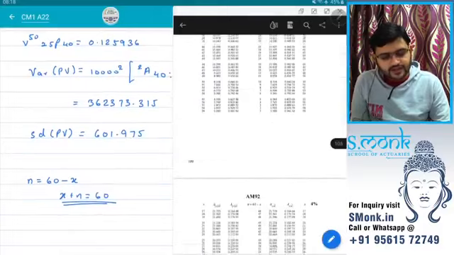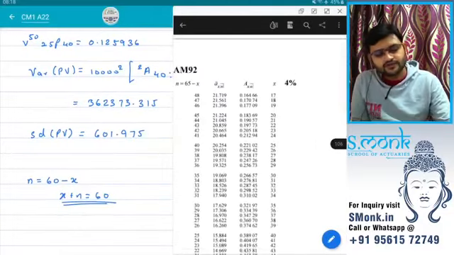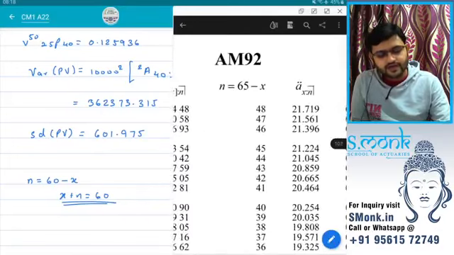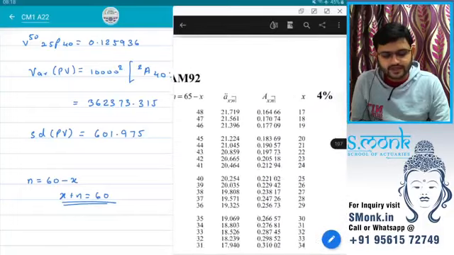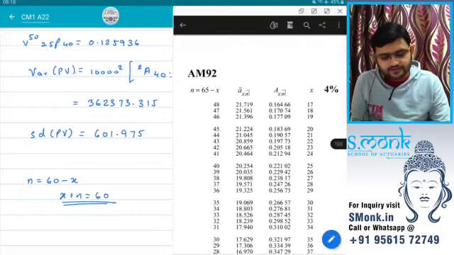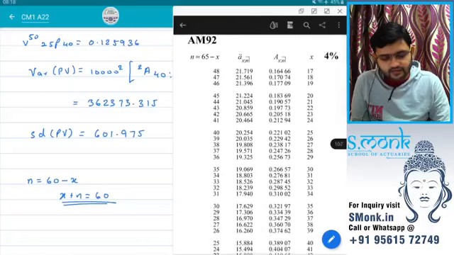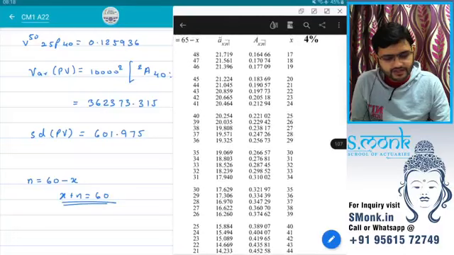The next page, 101, for 4%, has n equals 65 minus x, for different values of n. We want n as 25 and x as 40.